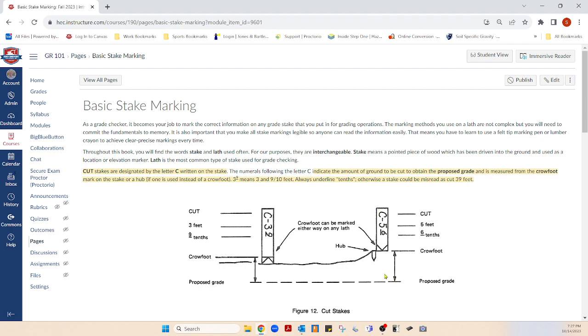You're going to have to go further down from this grade line. This is grade. And you'll want to go 3 9/10 down from here to the proposed grade. We're both going to the same place. We're just starting from different places. We're starting from a higher elevation here going down. We're starting from a lower elevation relative to this elevation going down. So this cut's not going to be as deep as this cut.